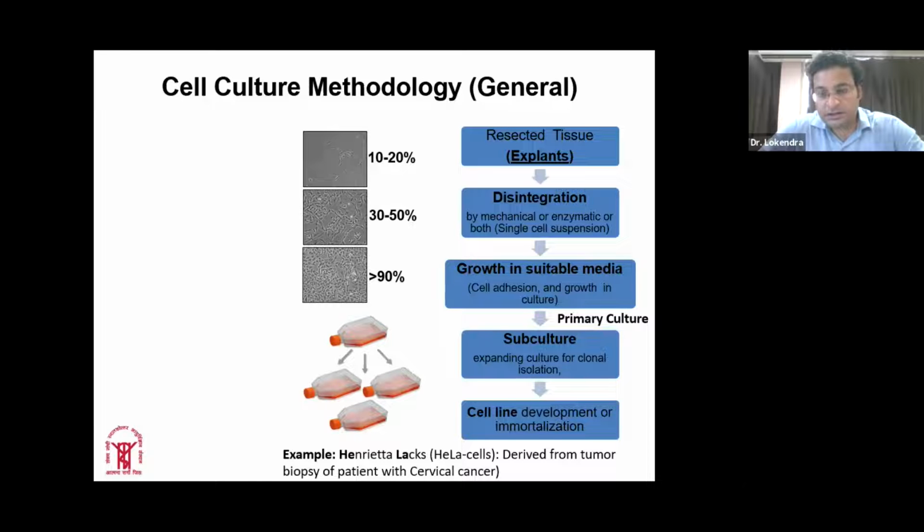So what basically is done in cell culture is that you take the cells from a tissue, known as an explant. Because the tissue is a mixture of various cells, you are trying to remove the cells from that tissue, and for that you can use disintegration, either mechanical or enzymatic.